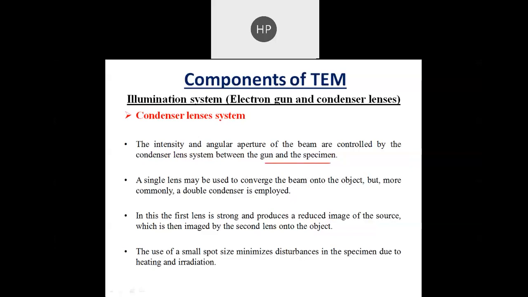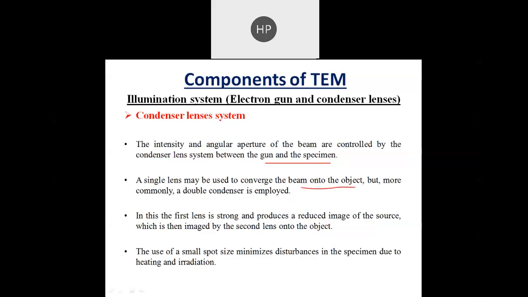So generally the condenser system is in between the gun and the specimen. And what is the use of the condenser? We have already seen in the SEM that the same work is also done by the condenser lenses in transmission electron microscope. A single lens may be used to converge the beam onto the object.